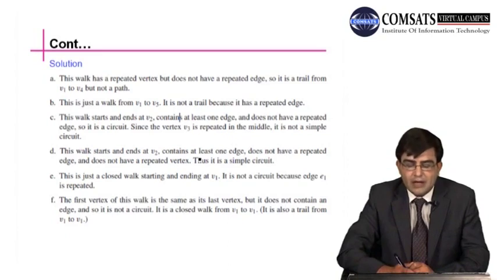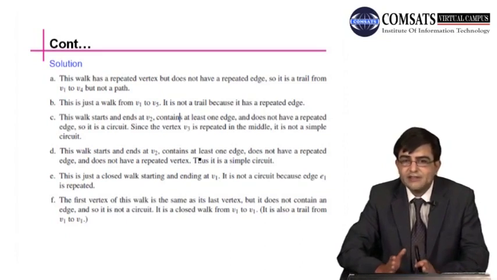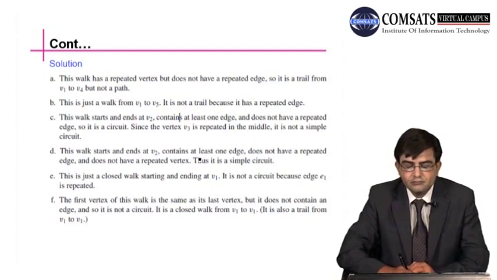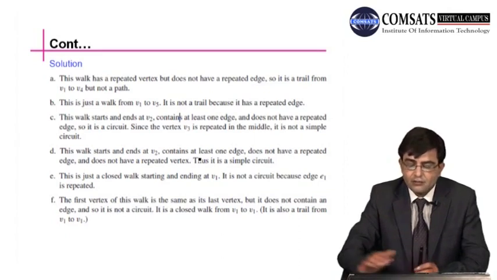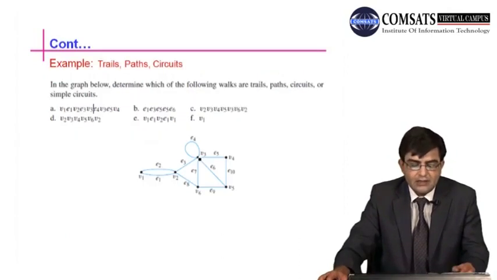But it is not a path because one vertex, V3, is repeated here. So it satisfies the properties defined in the definition of a trial. Therefore the first walk in part A is a trial, not a path, because there is a repeated vertex in this walk.